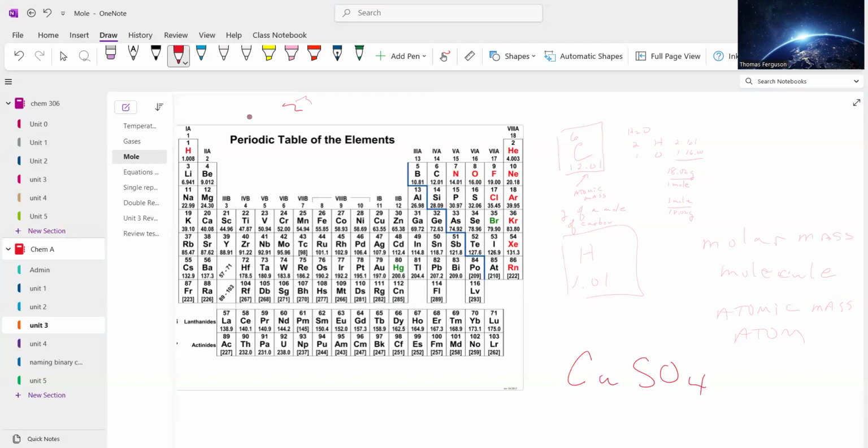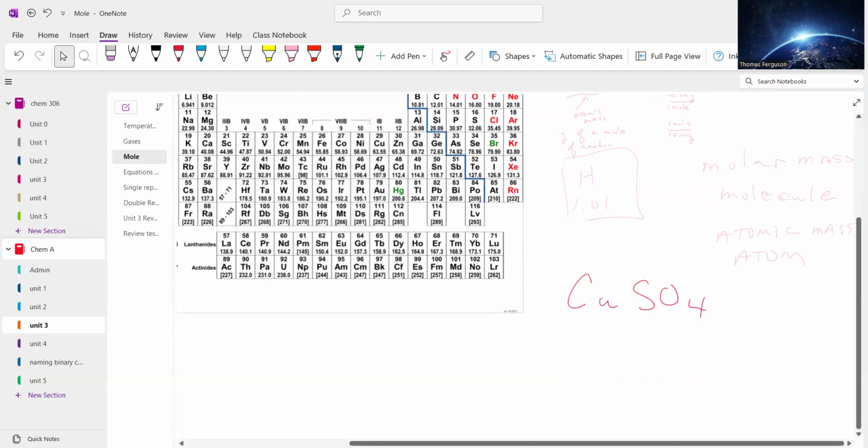Copper sulfate. Is that an atom or a molecule? Molecule. If more than one atom, it's a molecule. So what's the molar mass of copper sulfate? Well, we have to go into the periodic table and add up one copper.